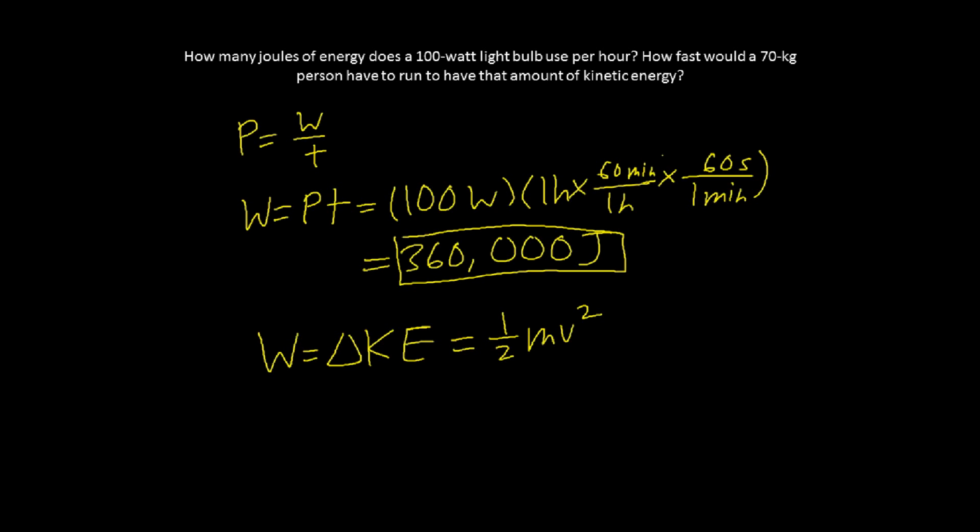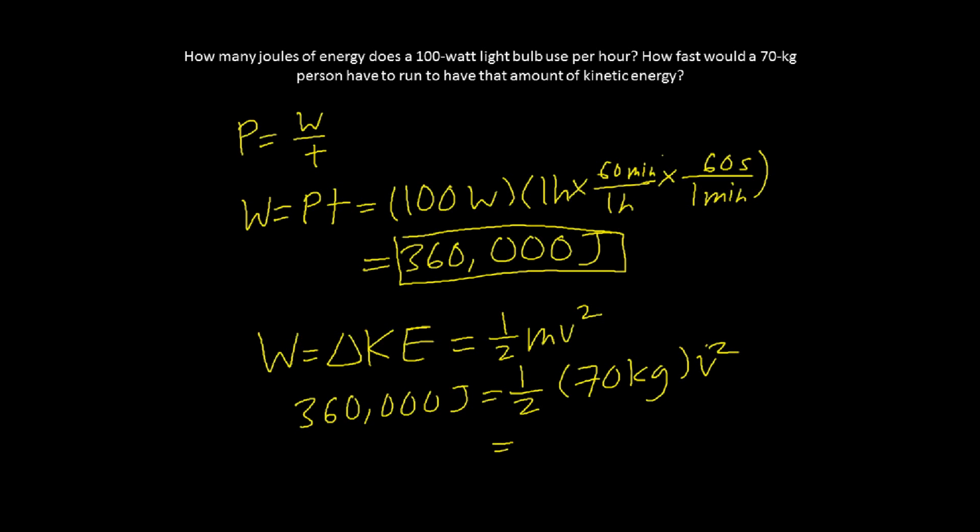W is 360,000 joules, which equals 1/2 times 70 kilograms times v squared. Now we leave the velocity on one side, so v equals the square root of 2 times 360,000, divided by the mass, 70.